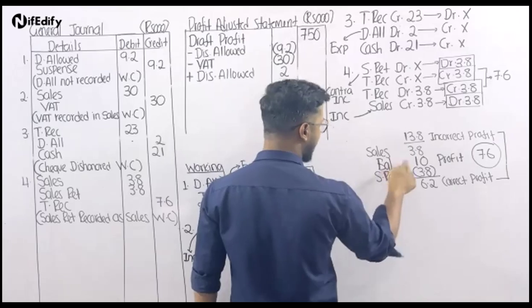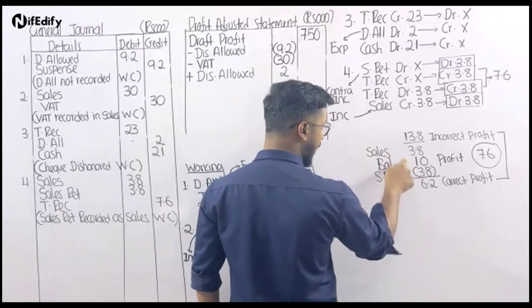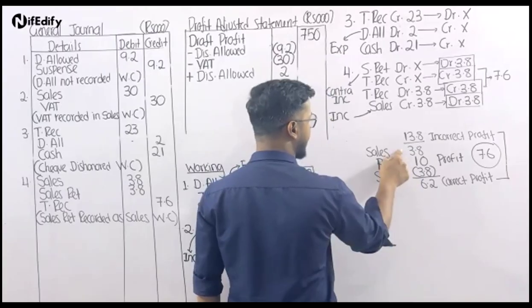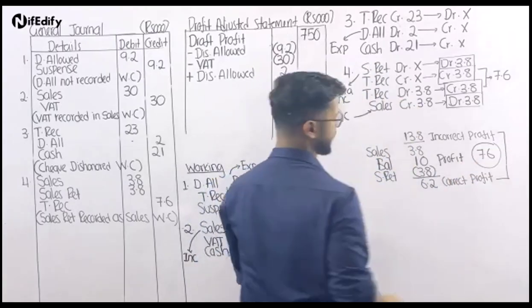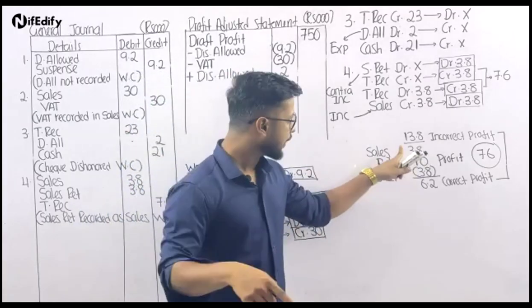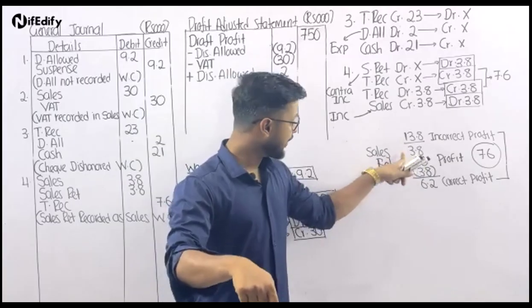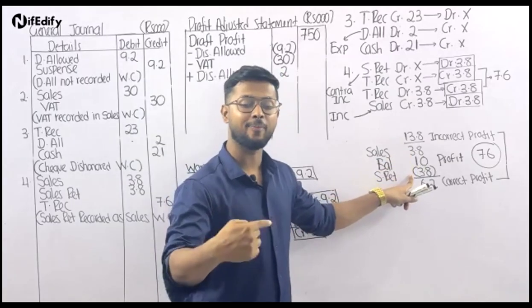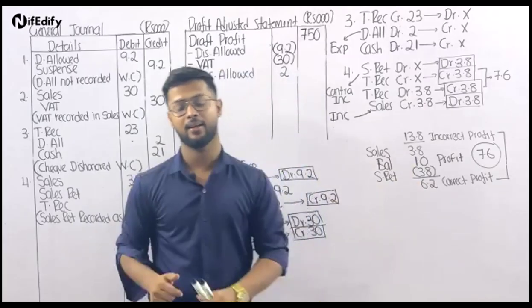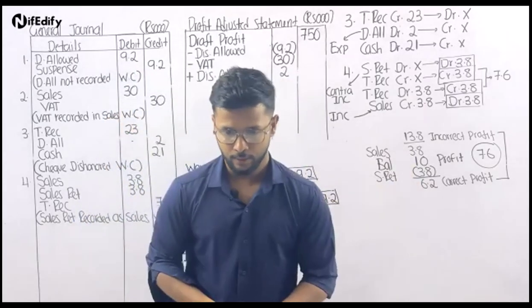So now it's 7.6. You need to deduct the 3.8 that you mistakenly added, and then deduct another 3.8 that's supposed to be deducted. Think about that. I hope that's clear.